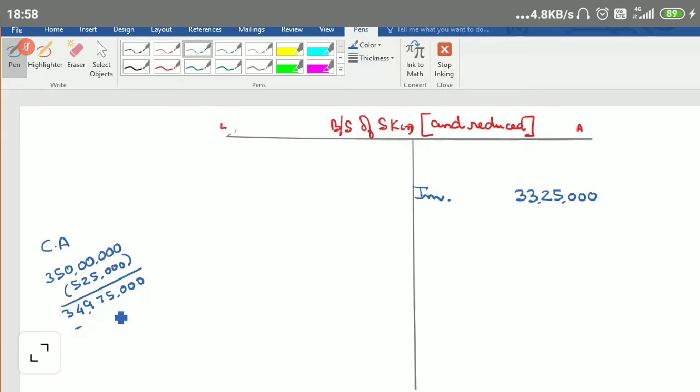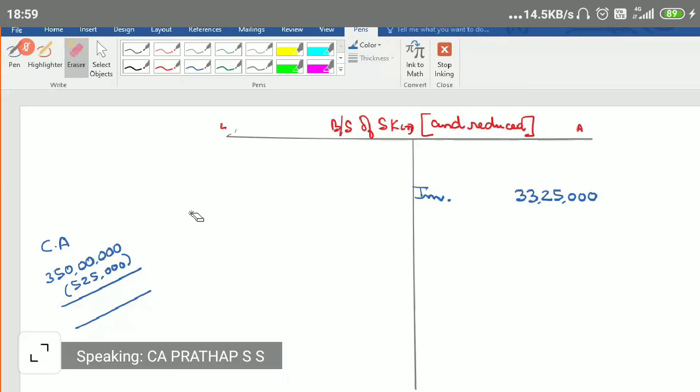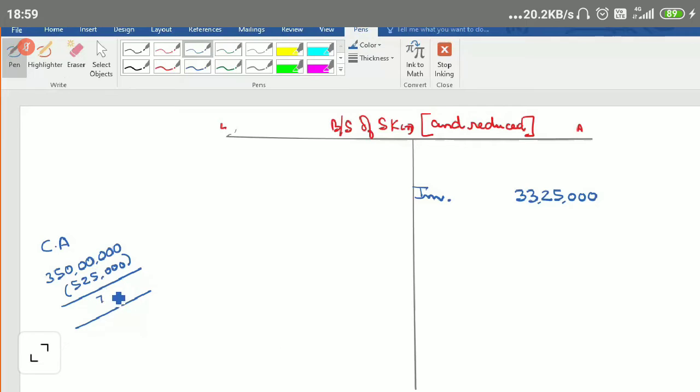Is this correct? 350 lakhs minus 5 lakhs 25. Okay, how much is it, guys? So this is 75. 29 lakhs 75,000.